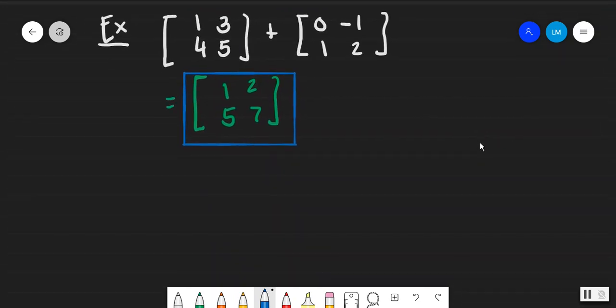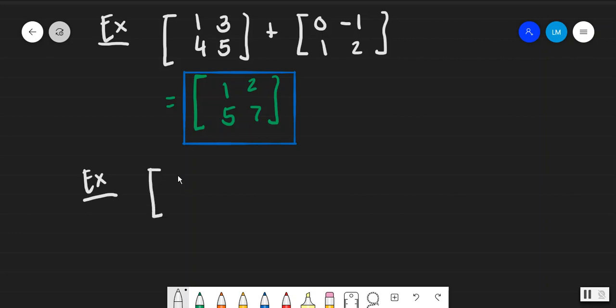Now, another way in which we can look at subtraction of matrices is as follows. Let's say we wanted to subtract a matrix.